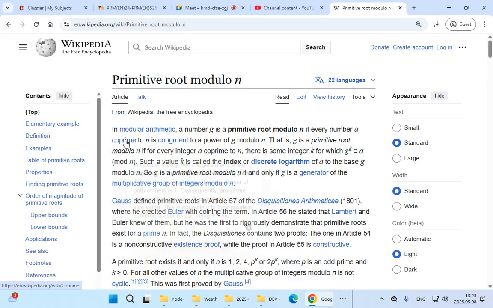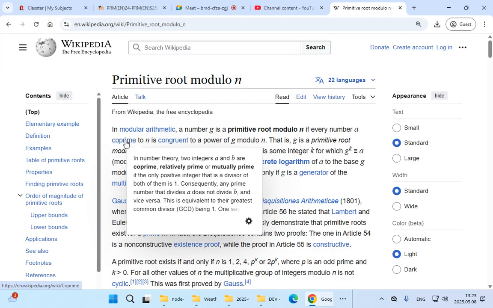Do you know what a co-prime is? It is like numbers which are mutually prime. Mutually prime numbers cannot be divided; they have no common divisors. Do you understand?